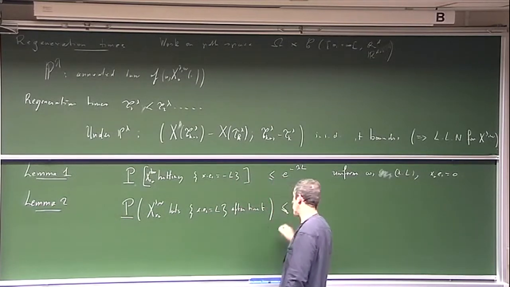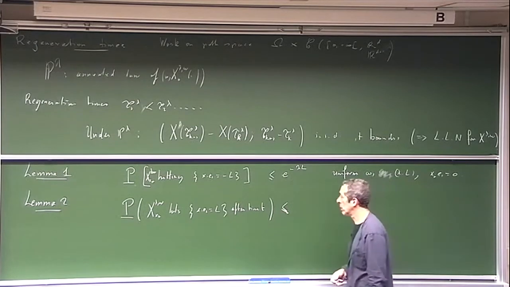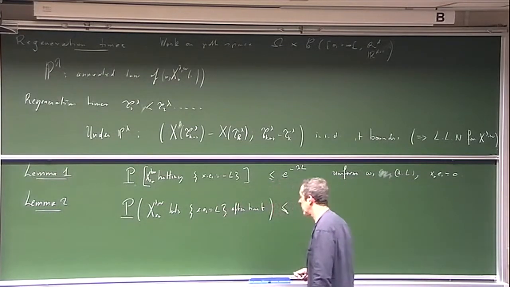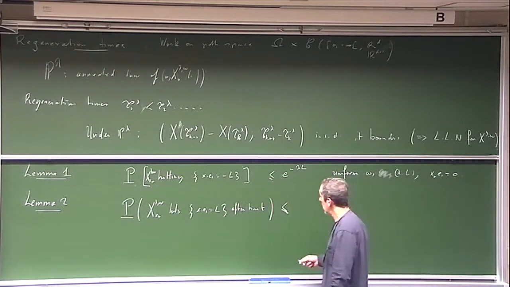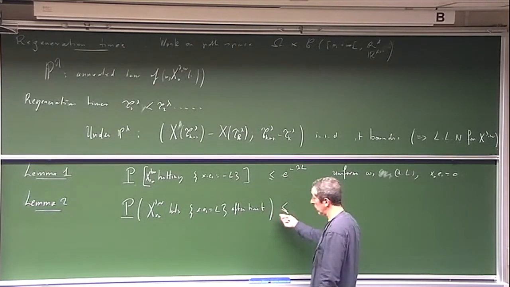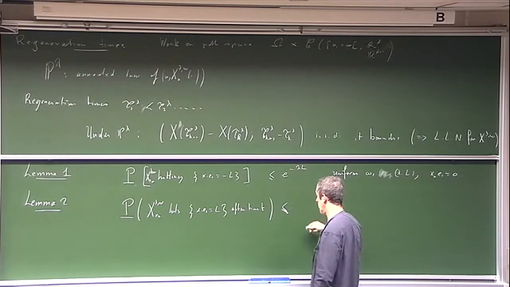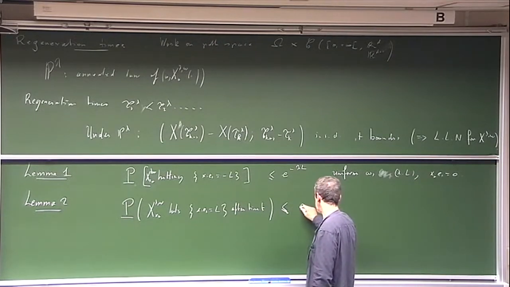So we are going to hit a hyperplane, but we want to prove that this happens quickly enough. And then there is an exponential decay in t. So the bound we have, ignoring the constants, is something like exponential of minus lambda L minus lambda squared t.